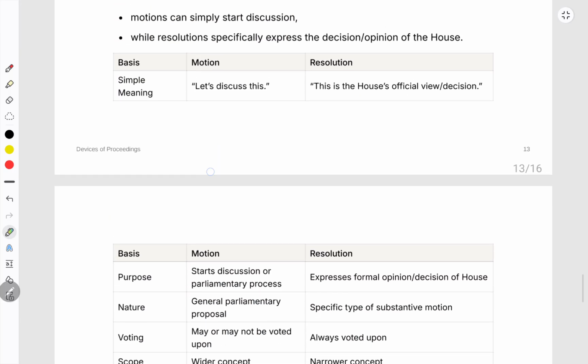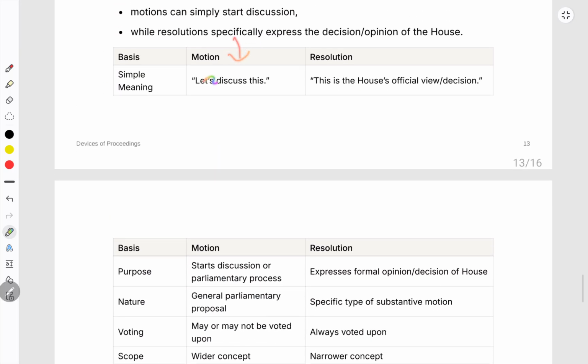Suppose we are introducing a motion in parliament, we simply mean let's discuss this. Okay, so a motion is generally to simply start a discussion, but a resolution specifically expresses the decision or opinion of the house. Like this is the house's official view or decision. If this is said, this is the house's official view or decision, that is a resolution, and if it simply says let's discuss it, then that is a motion.